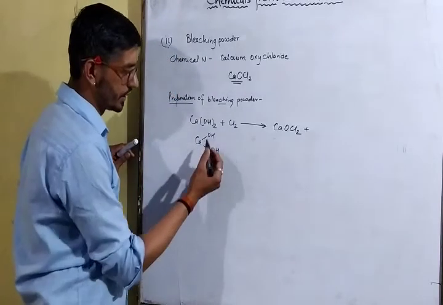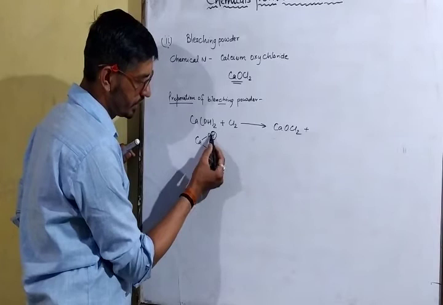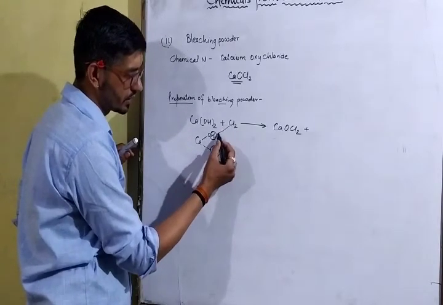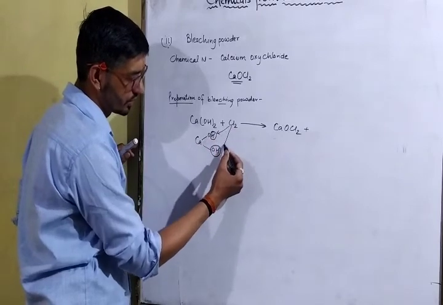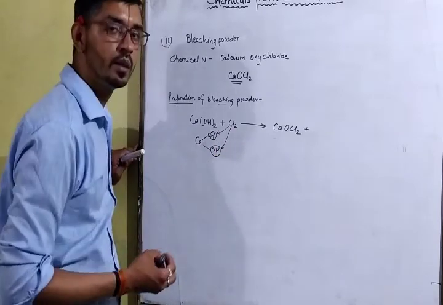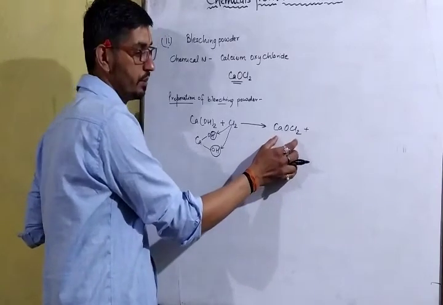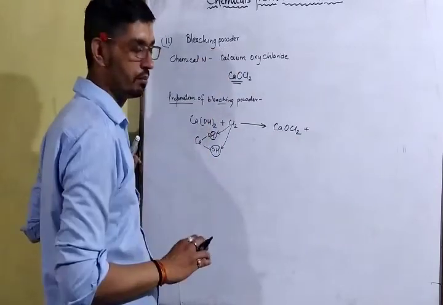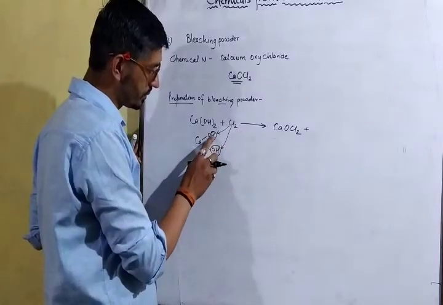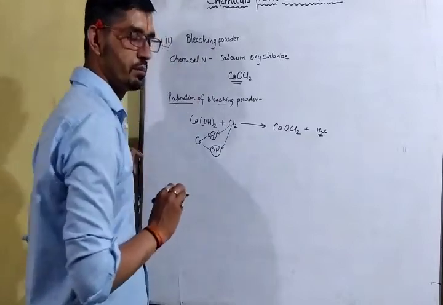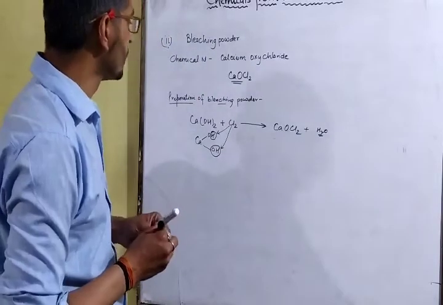Calcium oxychloride. That means this will be removed from here and this will be removed from here. In place of this, one chlorine will be attached to this and one chlorine will attach with this. So this type of chemical will be known as bleaching powder. And what is left here? OH plus H will form H2.